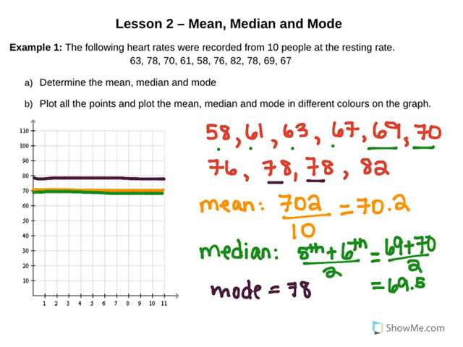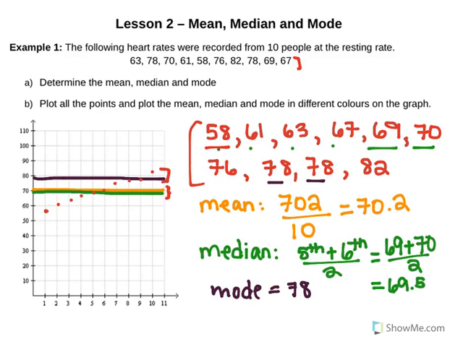And now to think about how well this approximates our data, if we were to plot all of these points, we should be able to see which of these looks like it is the best measure of central tendency. So I want you to pause the video and plot all of those points. So if you plot them, I plotted them in order, but if you did that, that's fine as well. If you look at this, this green and this orange line seem to be more in the middle of this data.